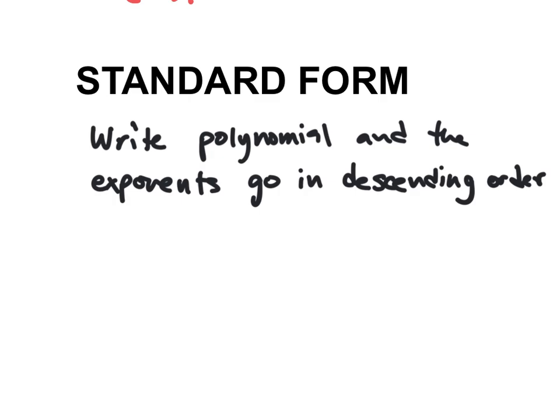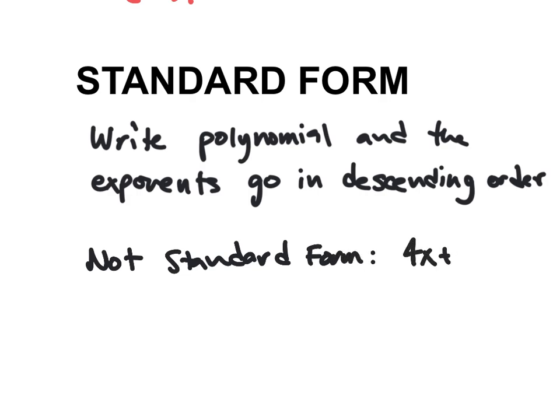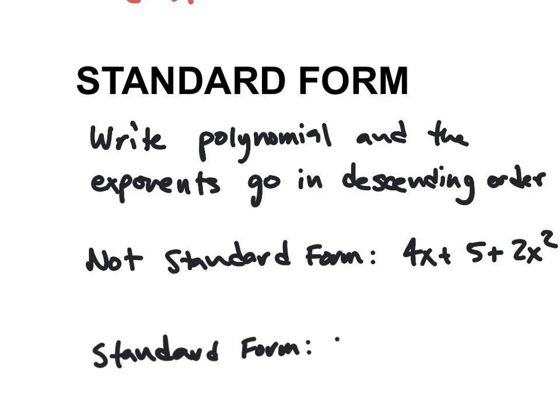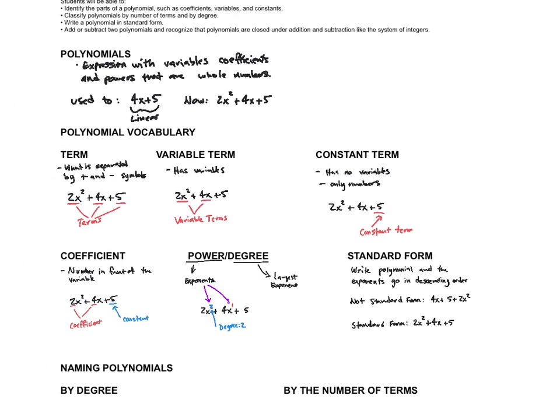And what I mean by that, this is not standard form: something like 4x plus 5 plus 2x squared, all right? To put this in standard form, you would have to write it as 2x squared plus 4x plus 5, okay? And so it has to go 2, 1, and then no exponent, okay? So that's the vocabulary that we have.